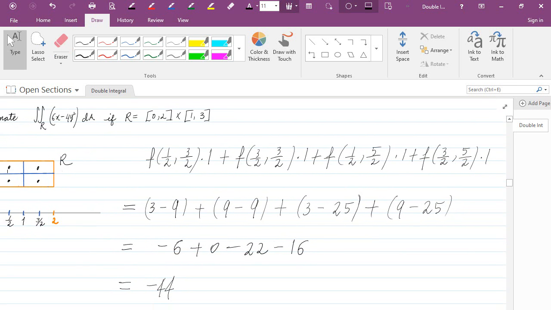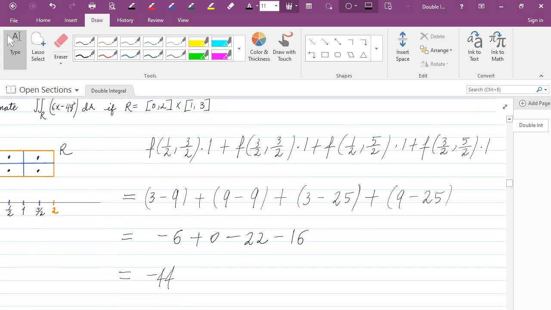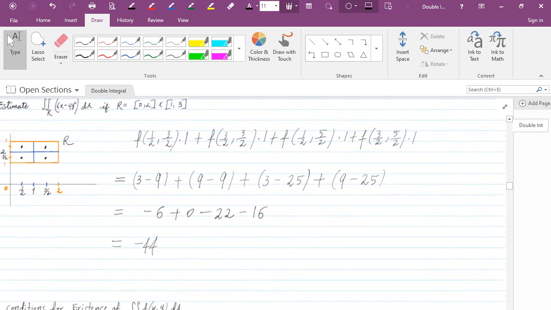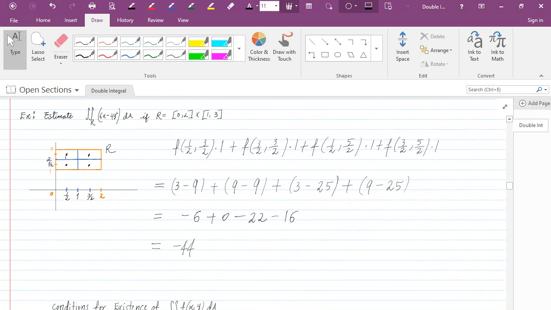And then we just do the arithmetic here, and at the end we get negative 44. So that is our estimate of this double integral. Of course, this is probably not a good estimate, but if we divide this rectangle into more subrectangles, we'll get a better approximation of the double integral.